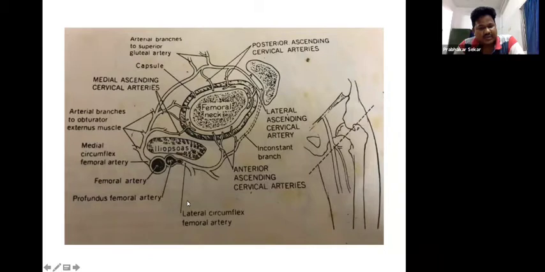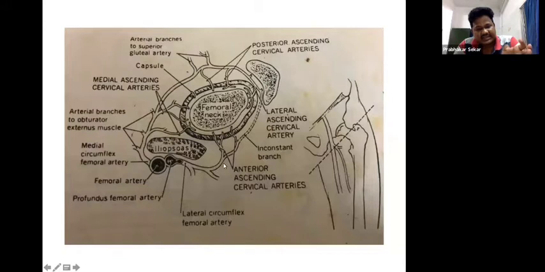So coming to the other end, that is lateral circumflex femoral artery, which comes from the lateral portion of the proximal femoral artery. It gives rise to the anterior ascending cervical artery. So you see, the medial circumflex artery gives off medial ascending cervical artery, posterior ascending cervical artery, and lateral ascending cervical artery.